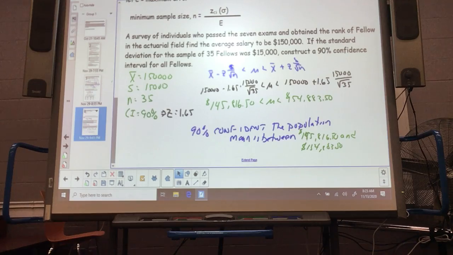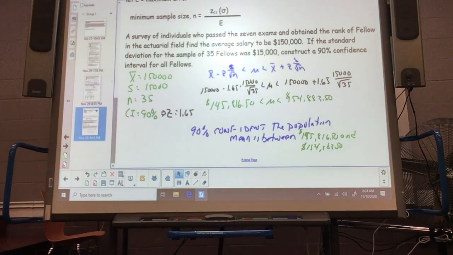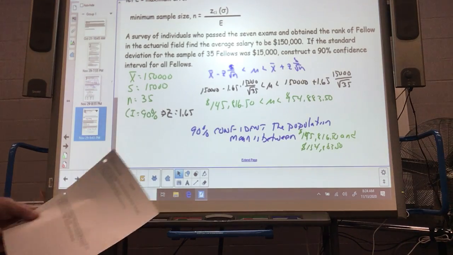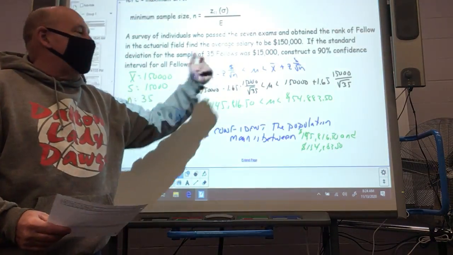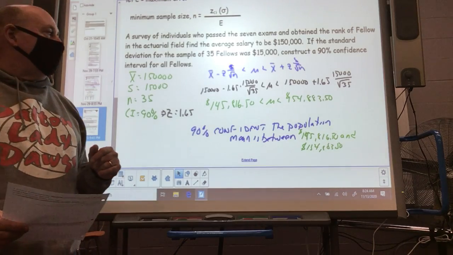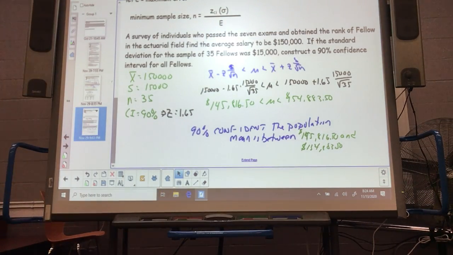Don't pick the same two each time. Do 90, 95, then 95, 99, then 90, 99. Pick two of them, and find a confidence interval. It will be the same process each and every time. Use your table for your z values. It will be the exact same equation every time when you're going through the problems. Questions?